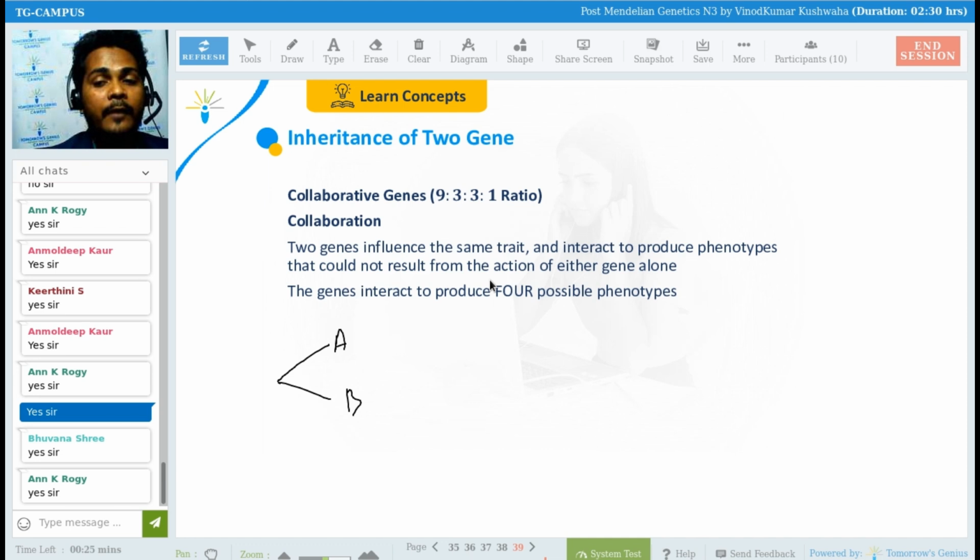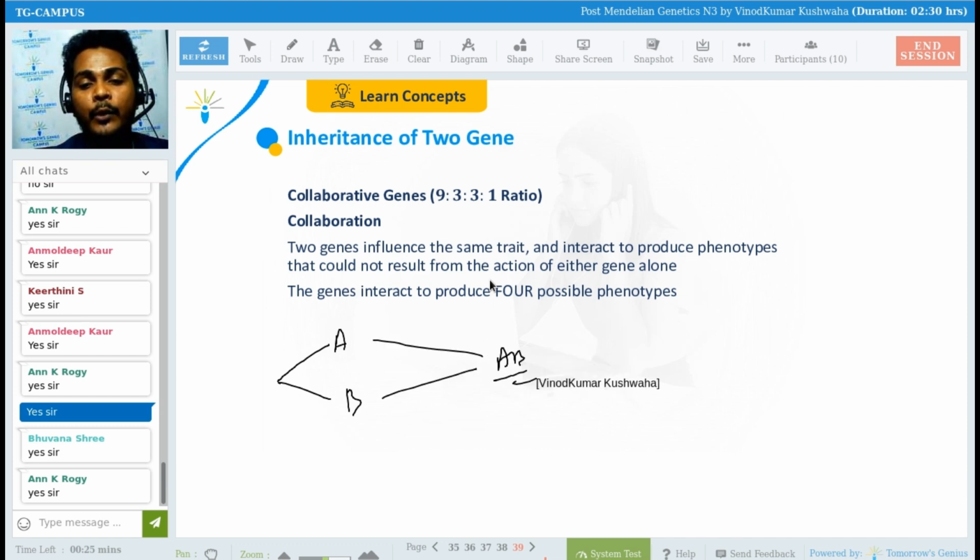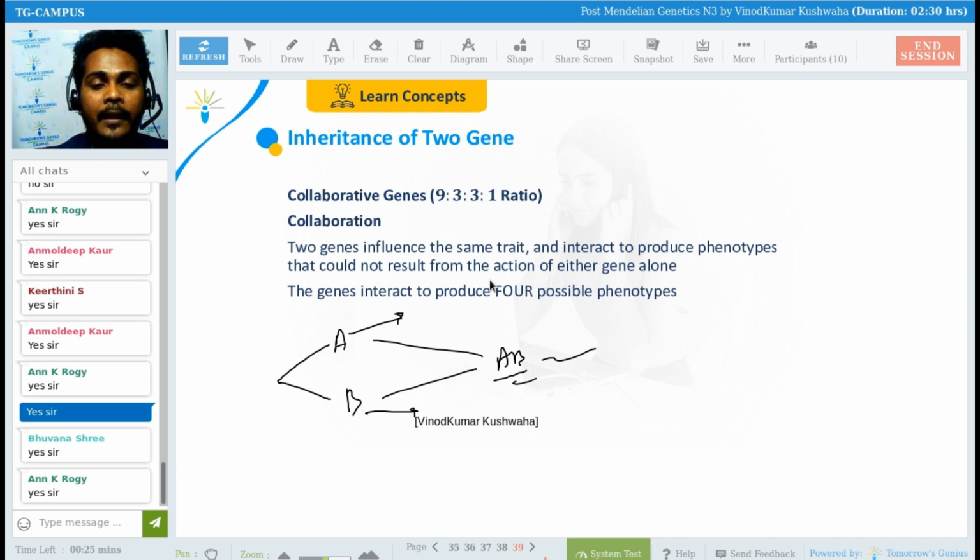But when they are independent, they can also interact for a new trait. So in the presence of both, a new trait can also be formed with the help of these collaborations. Means they can express themselves independently, and even in this condition they can come together, collaborate and form a new trait. That condition can also be observed in a collaborative gene, and that's what is called the collaborative gene.